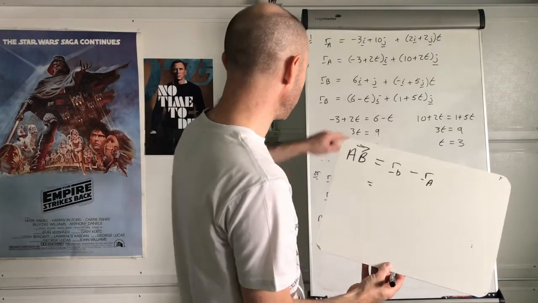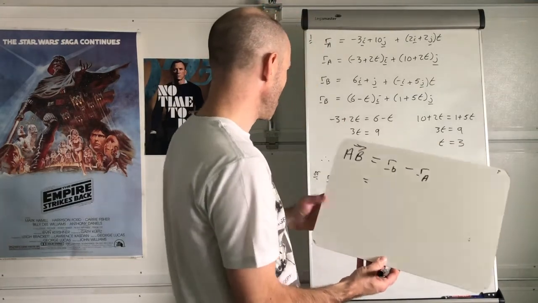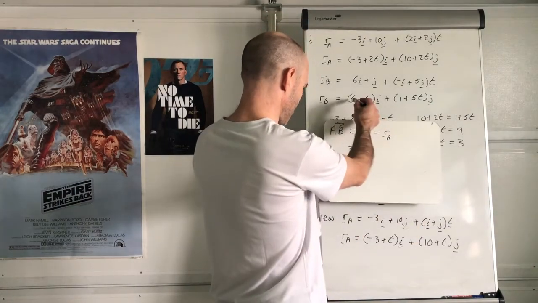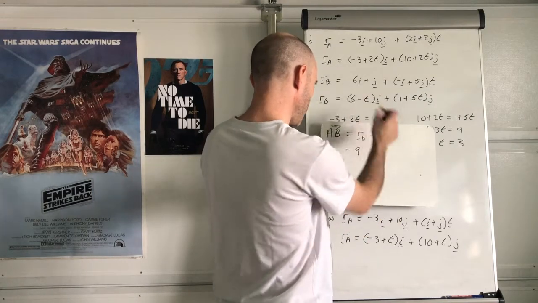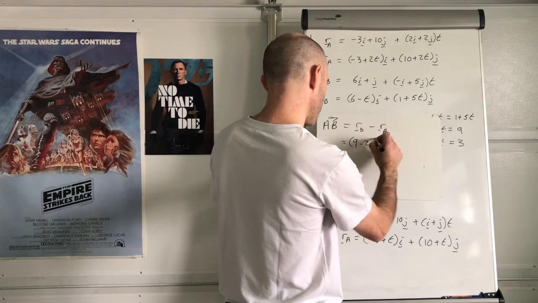So doing that, RB is that and RA is that. Maybe if I hold it up here so you can see what I'm doing. I'm going to have 6 subtract negative 3, so that's 9, and then negative t subtract t, so that's subtract 2t. So that's the i component.